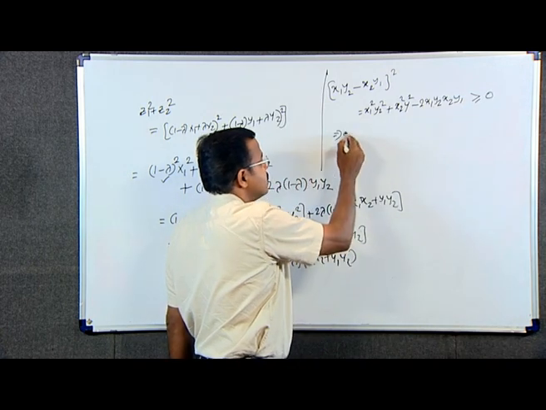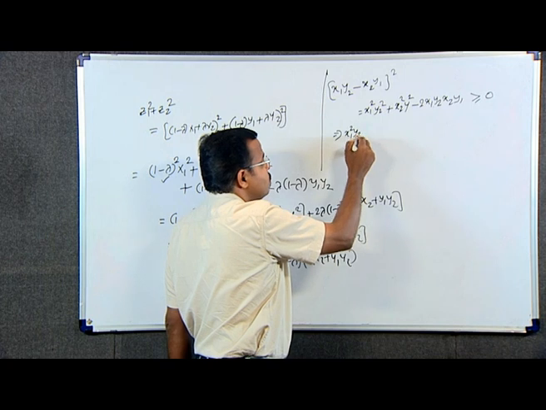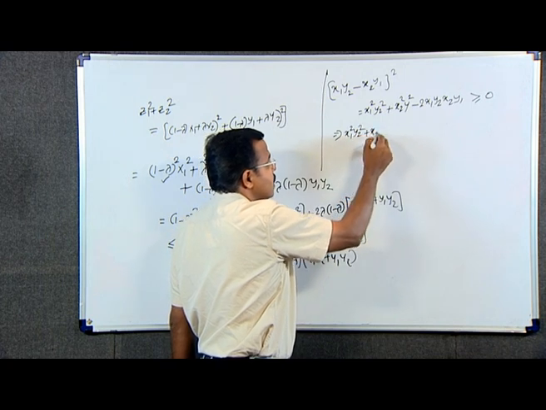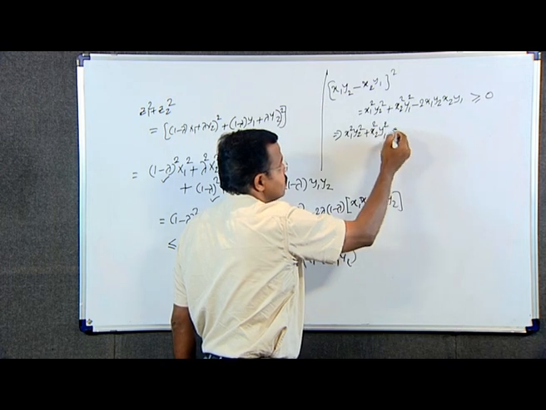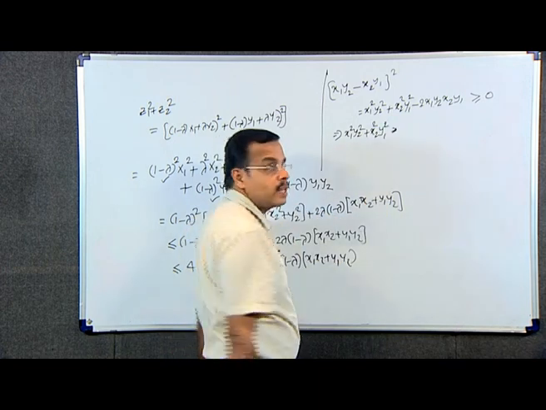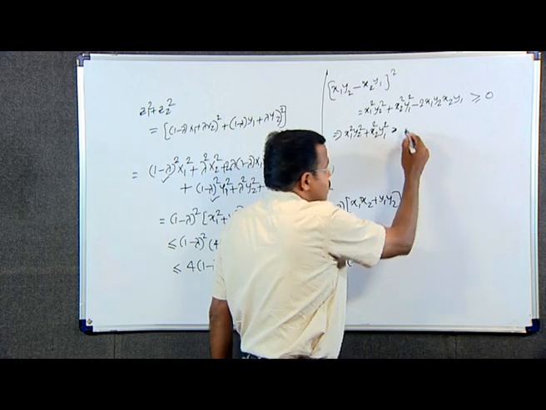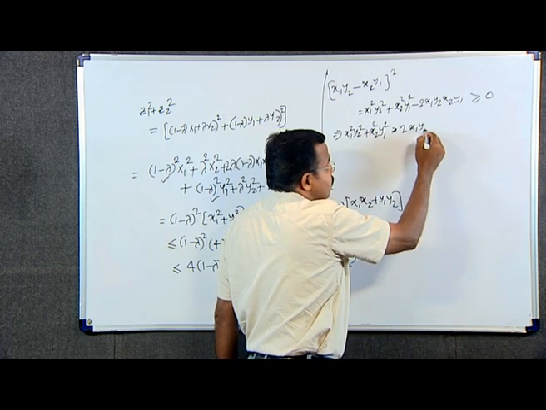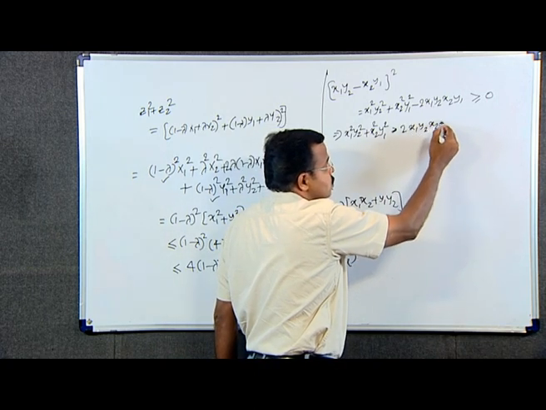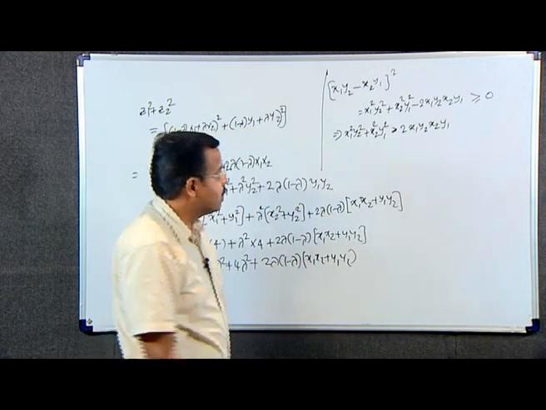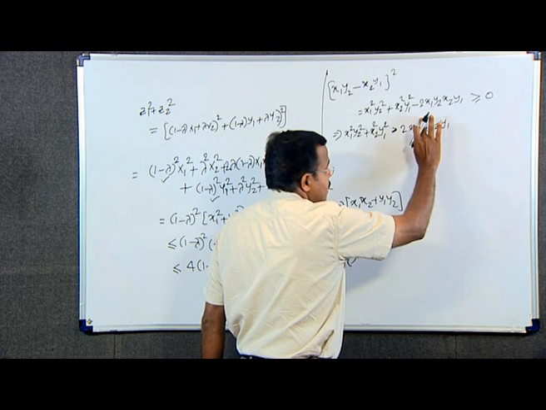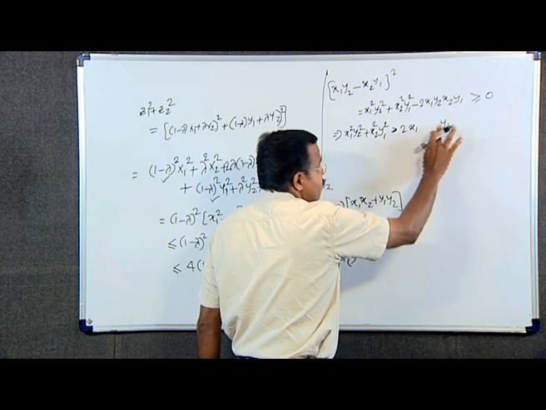This implies x1 square y2 square plus x2 square y1 square is greater than or equal to 2 into x1 y2 into x2 y1, or 2 into x1 x2 y1 y2.